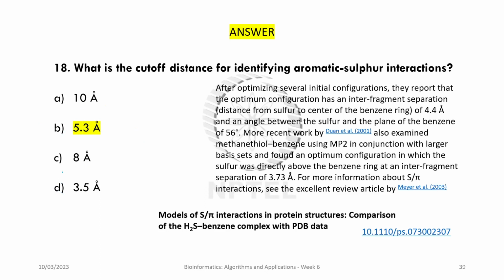Right, so for this case, I quoted a research article. This is the title of the paper: Models of Sulfur Pi Interactions in Protein Structures. After optimizing several initial configurations, they report that the optimum configuration has an interfragment separation distance from sulfur to the center of the benzene ring of 4.4 angstrom, and an angle between the planes of 56 degrees.